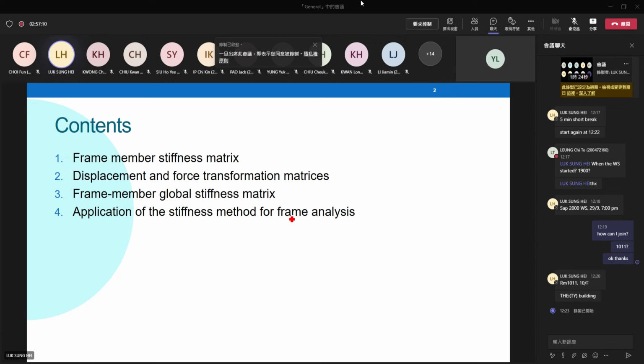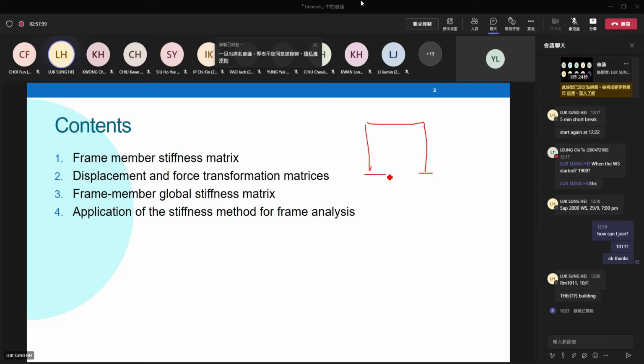This is the content of this PowerPoint, topic 3. We first introduce our matrix for frame. And then we have to transform the elements again for frame, because frame members can be vertical, horizontal, or inclined, so we have to do some transformations. But the transformation matrix is the same as what we learned in topic 1, truss. So I just copy the transformation matrix from section 2.